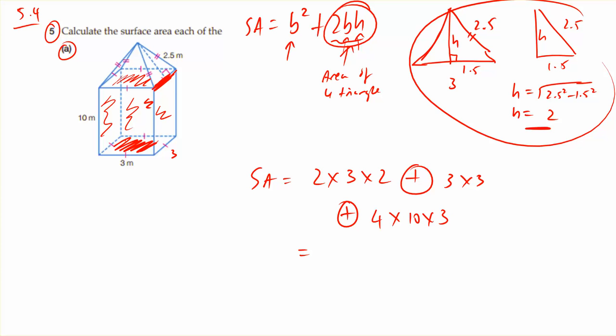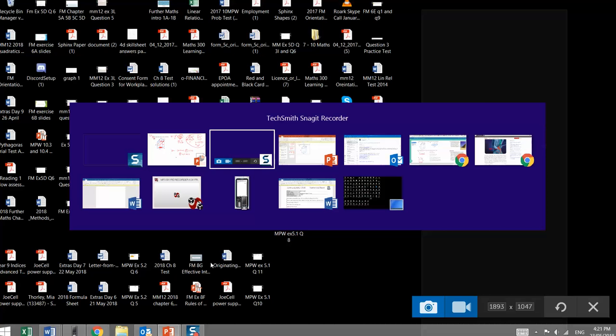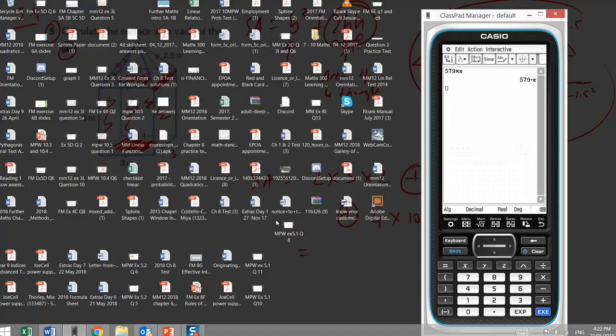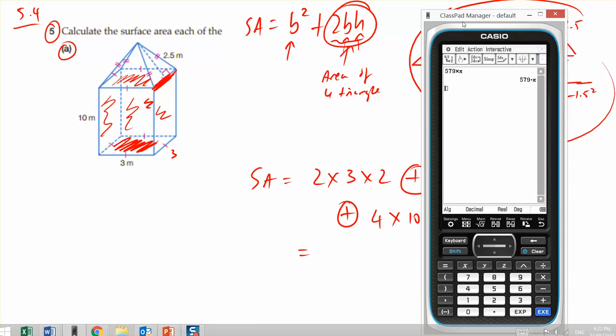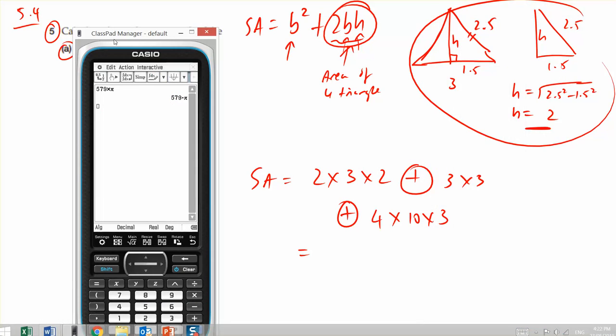Let's enter this on our calculator. So I'll just go to my CAS, and we should get 2 by 3 by 2 plus 3 by 3 plus 4 by 10 by 3 gives you 141.